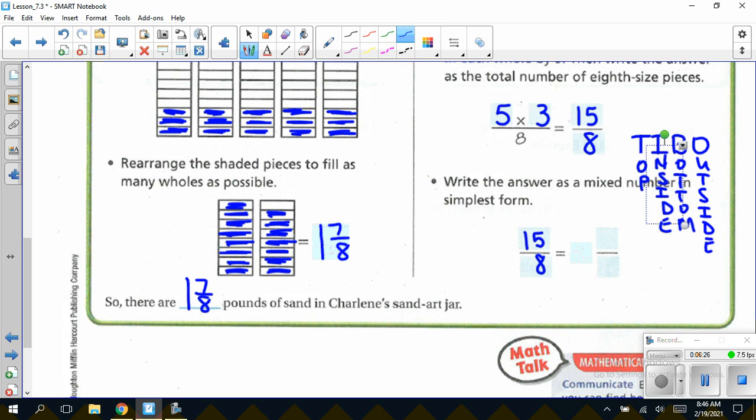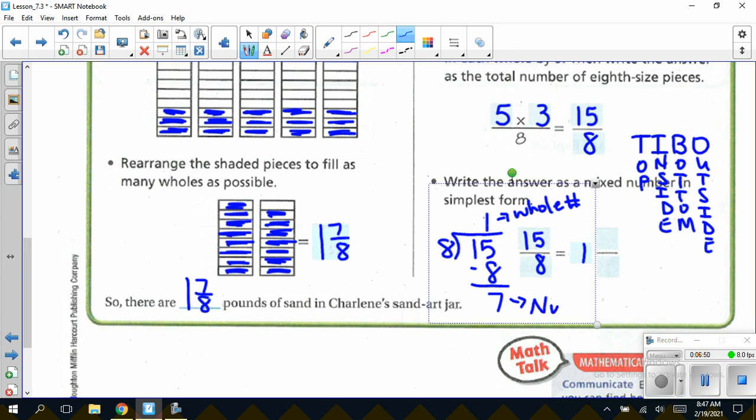So for my improper fraction of 15/8, my top number is 15, my bottom number is 8. I know 8 does go into 15 one time. 15 minus 8 is 7. And if you recall, the 1 is your whole number. And then your remainder is the numerator.